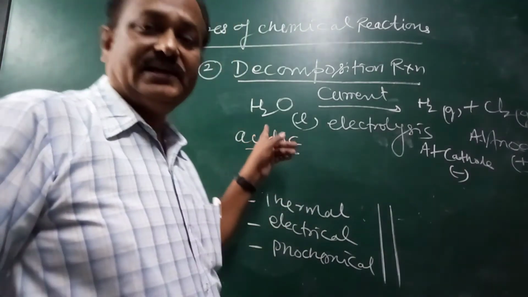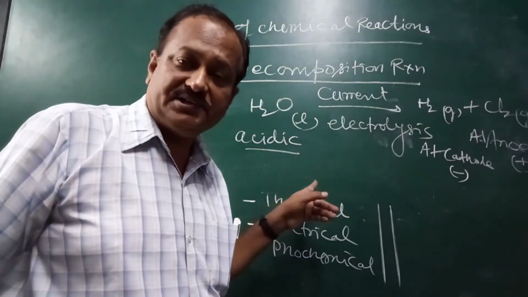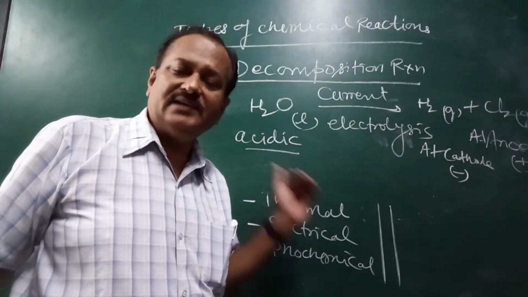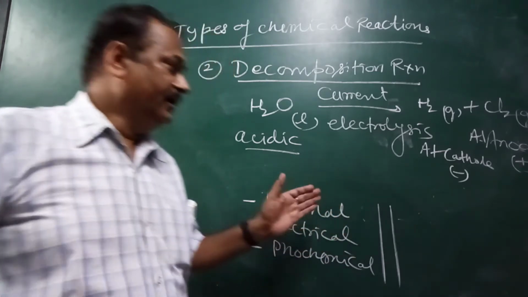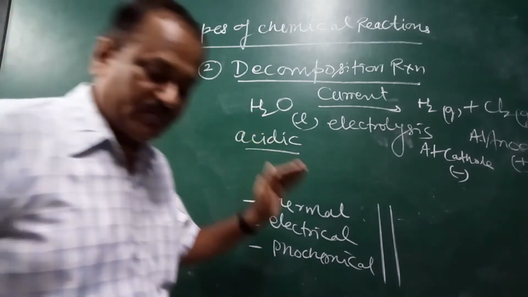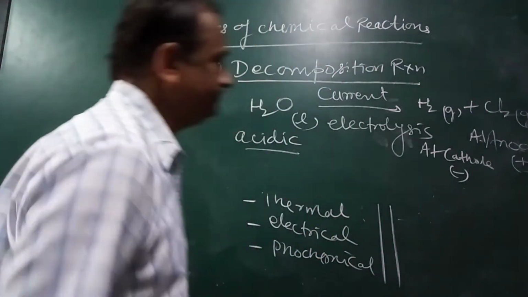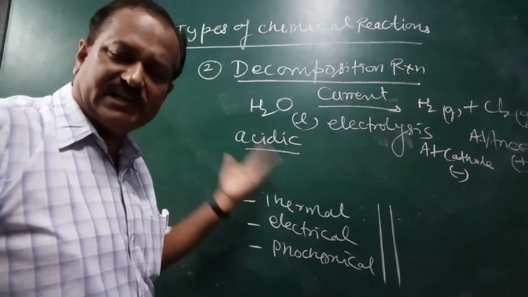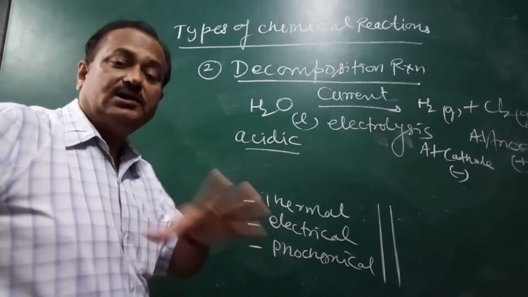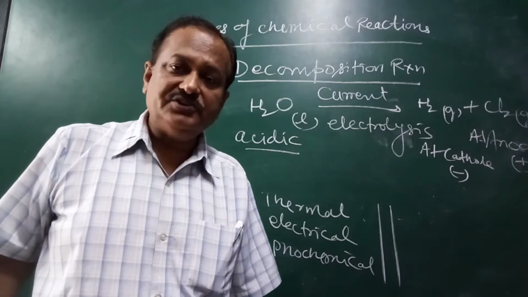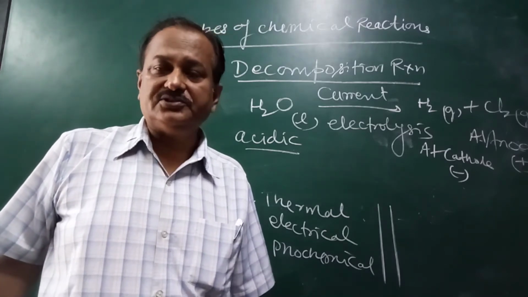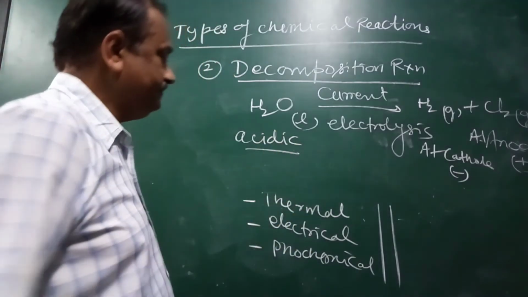This is acidic because water generally has less conductivity and pure water is a bad conductor. So in order to make water conducting, we add a little amount of acid, or a base or salt can be added. The point is that we must provide some ions or species responsible for the conduction of current. That's why we add the acid.